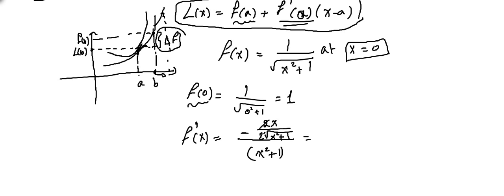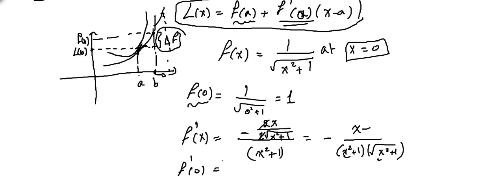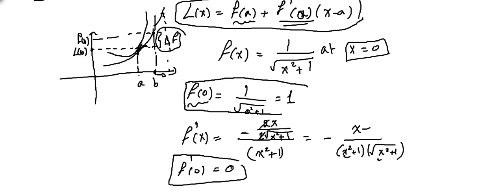So the final answer will be minus x over x squared plus 1 times radical x squared plus 1. This is f prime of x. What is f prime of 0 then? Substitute 0 here. It gives me numerator 0 over 1, minus 0. It's 0. So we need this value of f prime of 0.